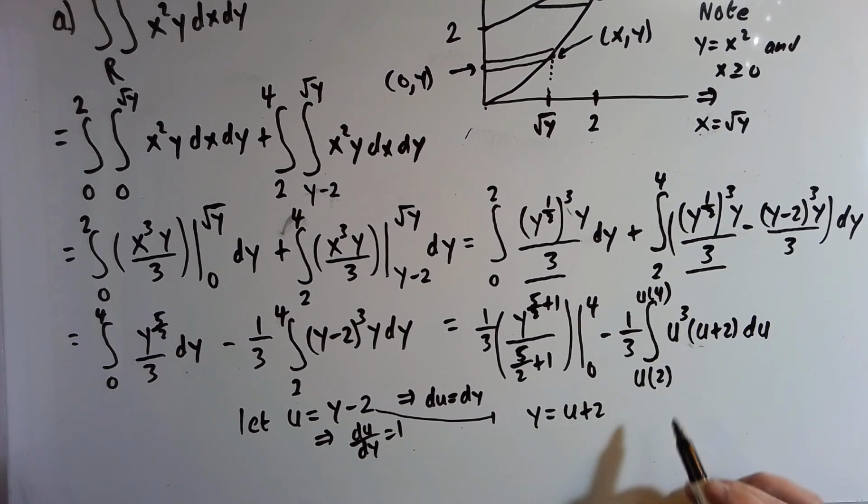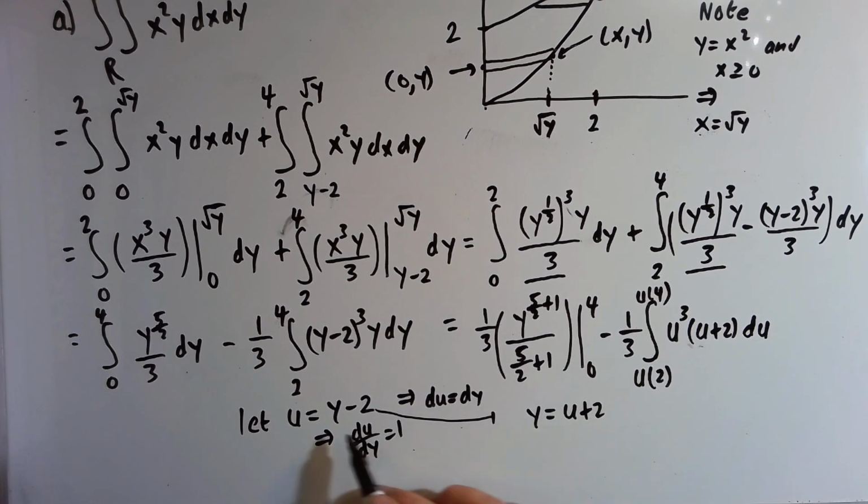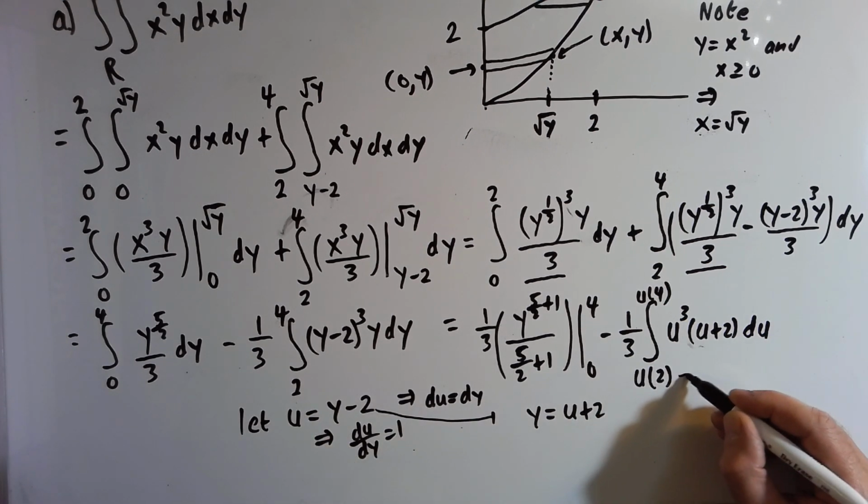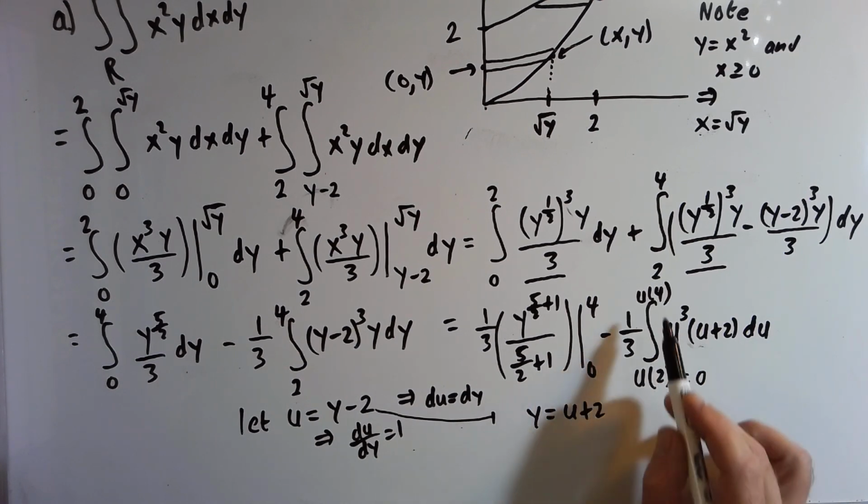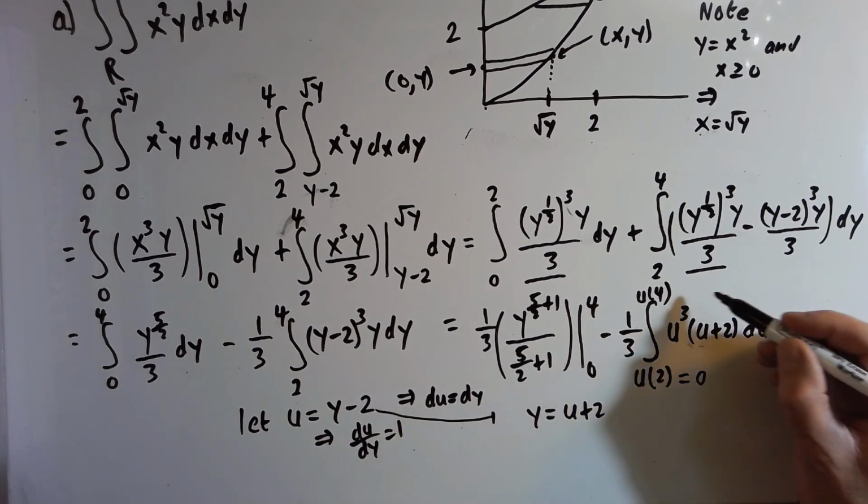Now u of 2, putting 2 in place of y, this would be 0, and putting 4 in place of y, this would be 2 up here.